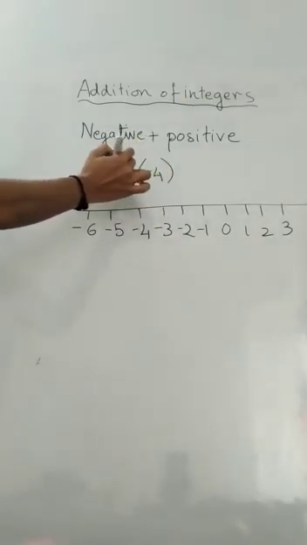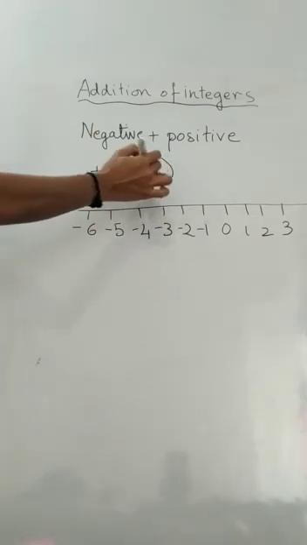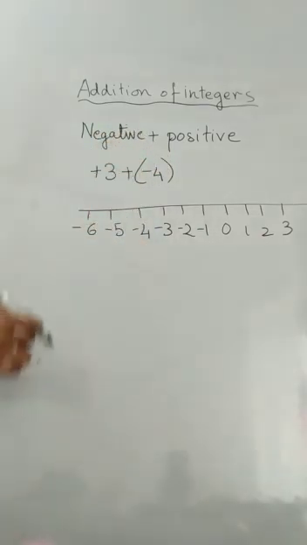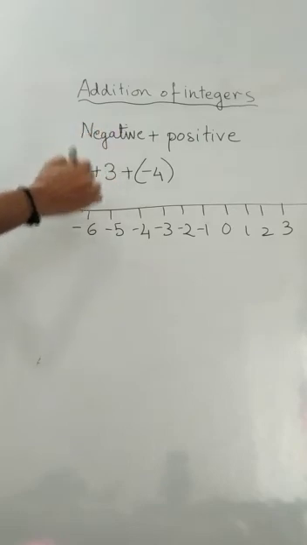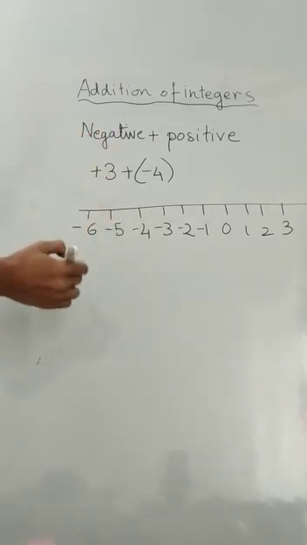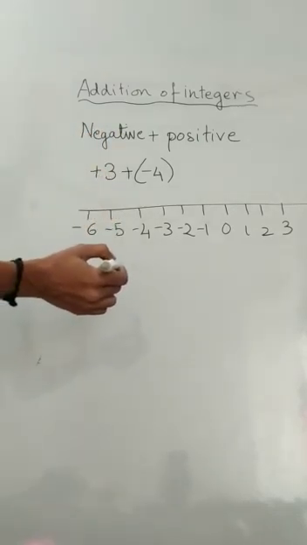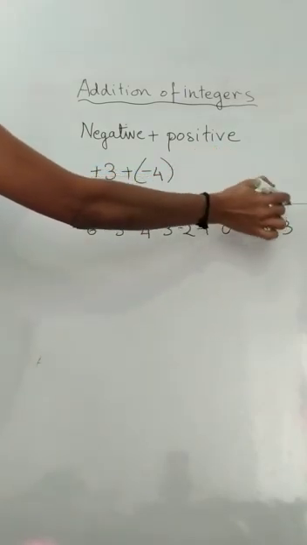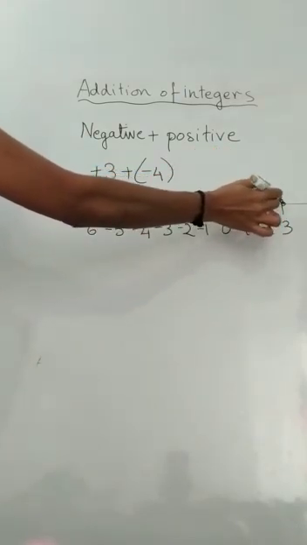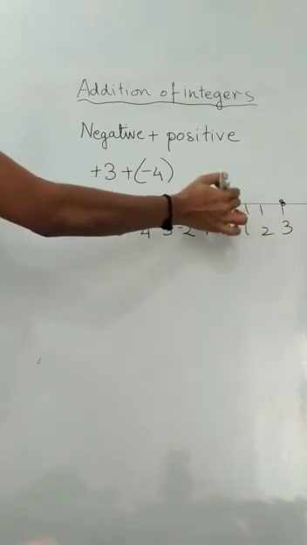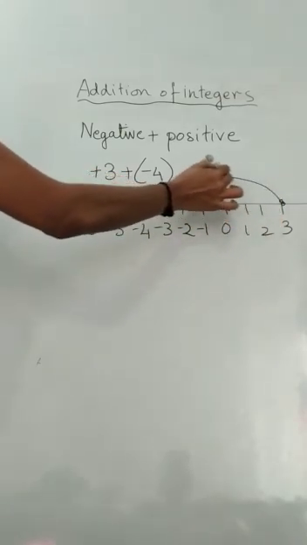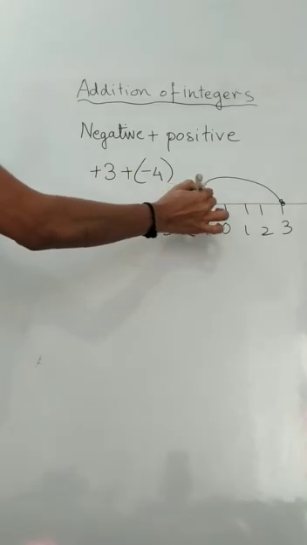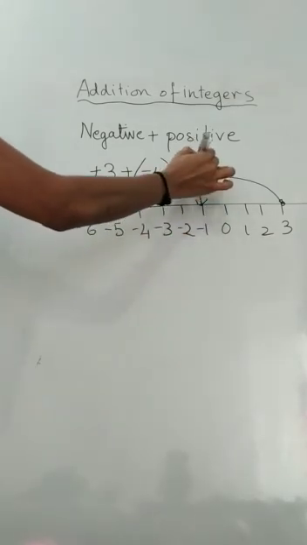Which numeral is greater? 4. 4 is bigger than 3, right? So here we are going to jump to which side? To the left side. So start from 3. You will jump how many times? 1, 2, 3, 4. And you will reach here. So the answer is -1.